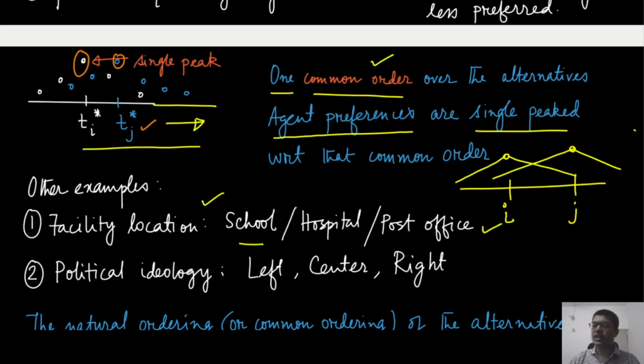There could be other examples. If your ideology is left, center, or right, then maybe you have three alternatives. If your ideology is left, then you like left over center over right, and if it is right, then the reverse holds.